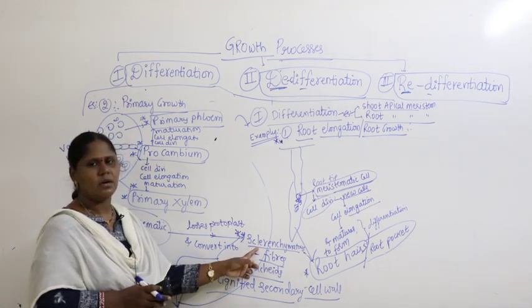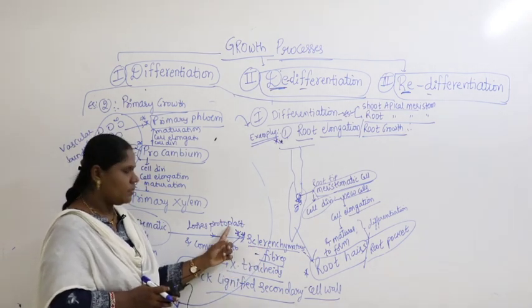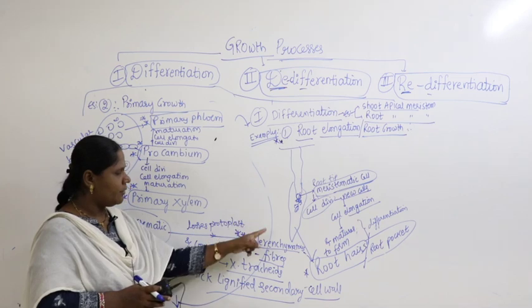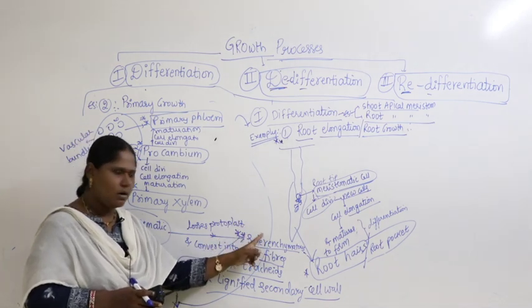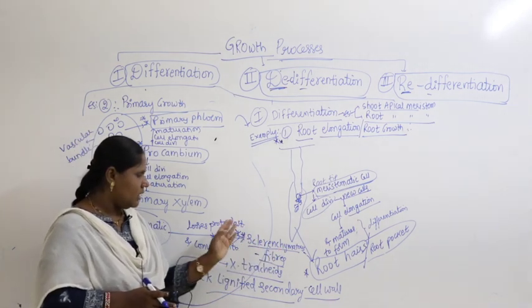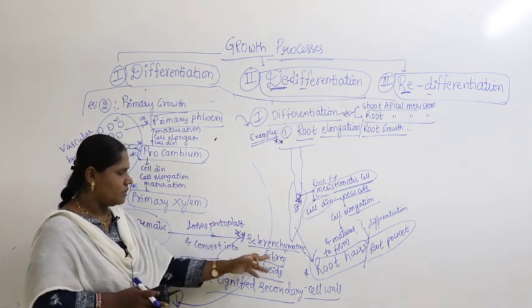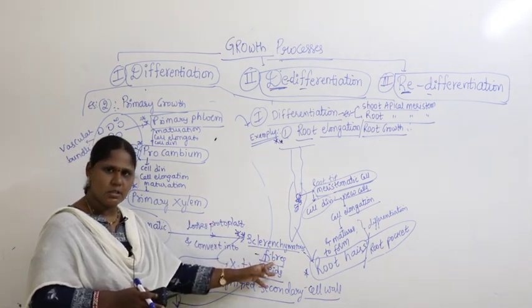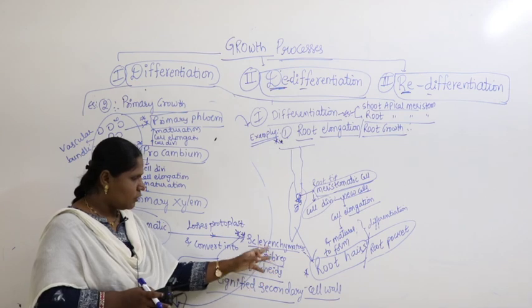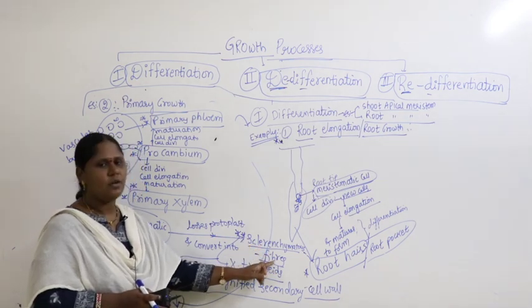What is sclerenchyma? Dead cells. Why? They lose the protoplast and convert into dead cells. What are the dead cells called? Sclerenchymatous. Losing protoplast, they may convert into fibers, xylem fibers. So what do we call them? Sclerenchymatous fibers.